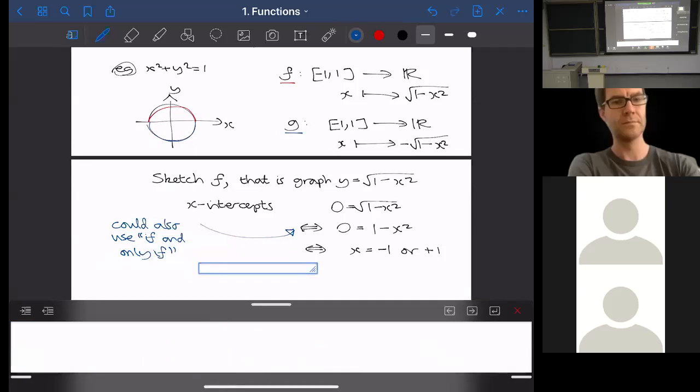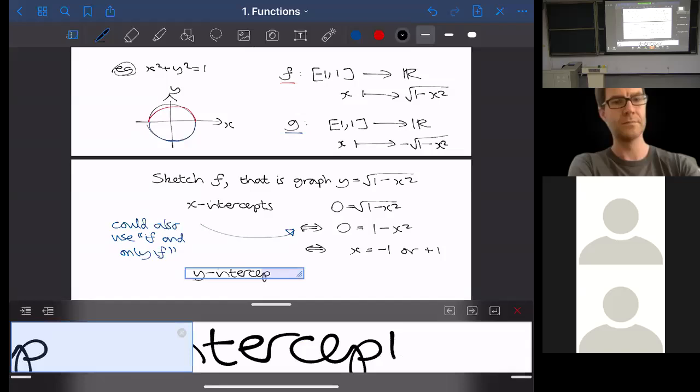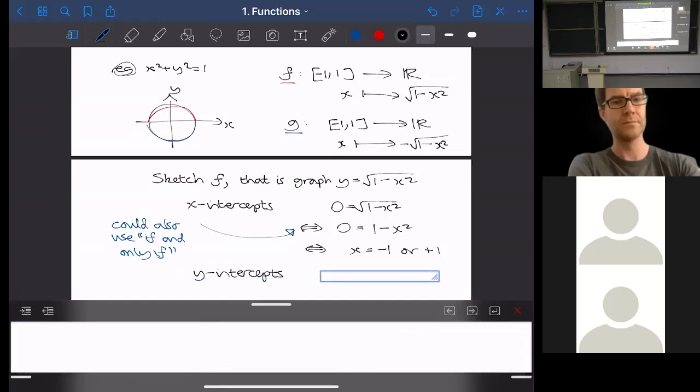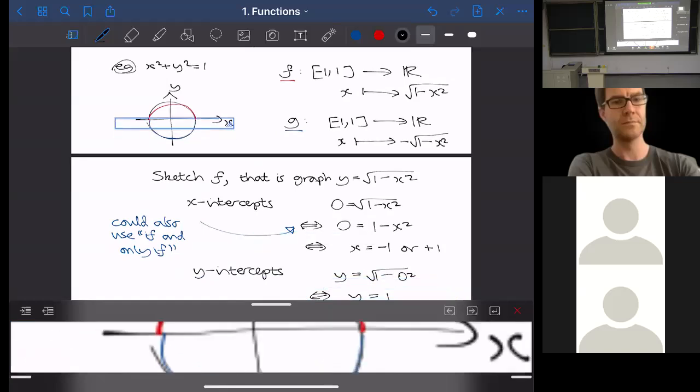And the y-intercepts are given by putting x equals 0: square root of 1 minus 0 squared, so y equals 1.